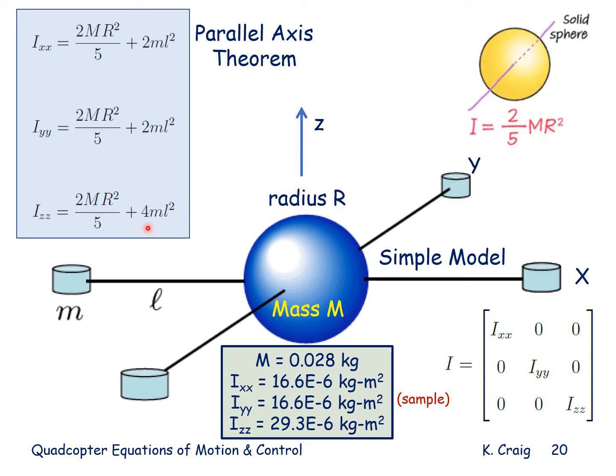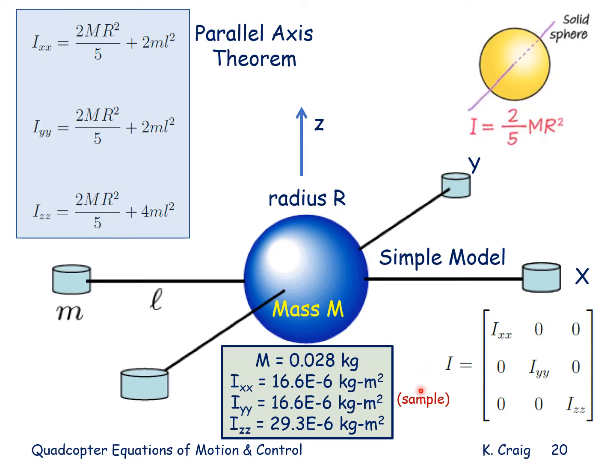And so I have 4 times m L squared, again, by the parallel axis theorem. Because of symmetry, all of my products of inertia are 0. This is a diagonal matrix, and the mass moments of inertia, IXX, IYY, IZZ, are then principal moments of inertia.